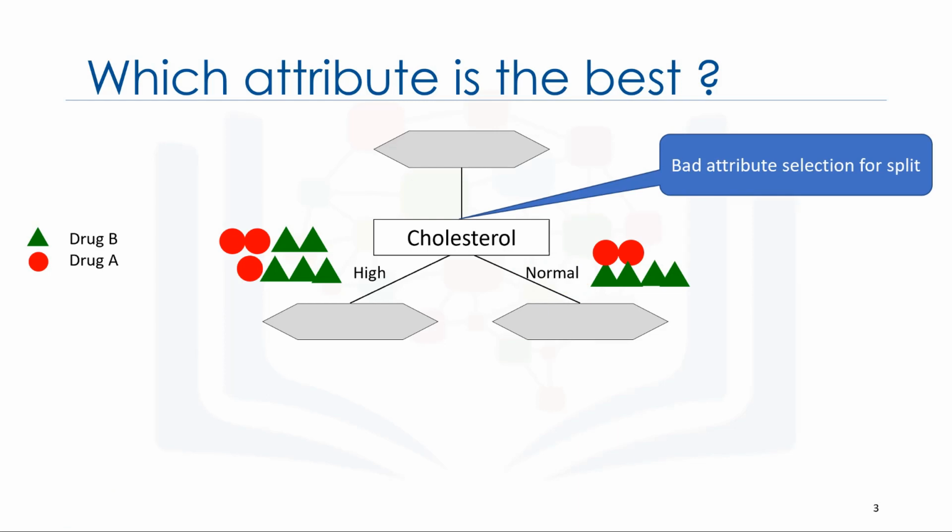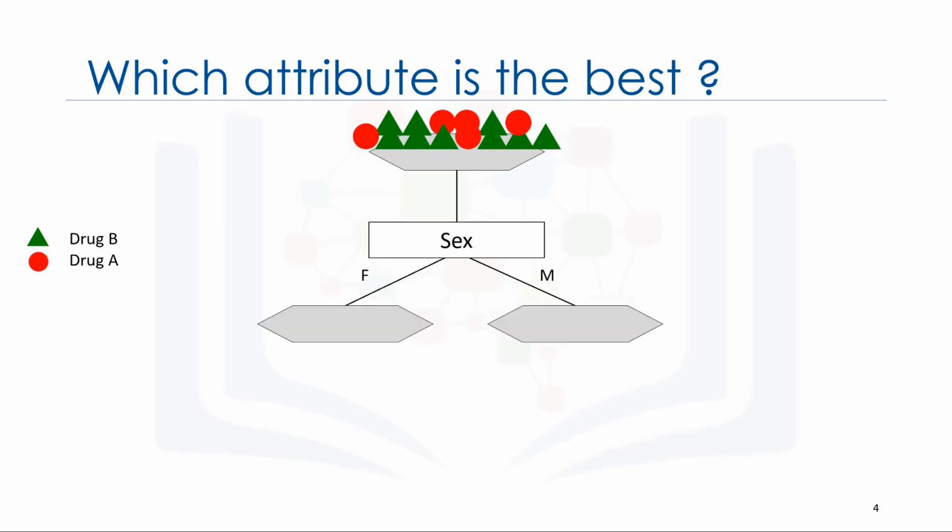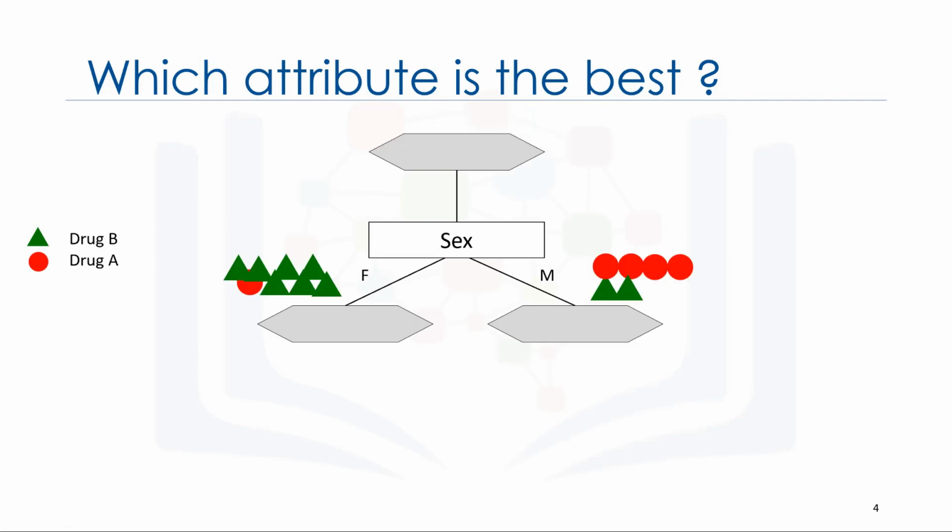So, let's try another attribute. Again, we have our 14 cases. This time, we pick the sex attribute of patients. It will split our data into two branches, male and female. As you can see, if the patient is female, we can say drug B might be suitable for her with high certainty.